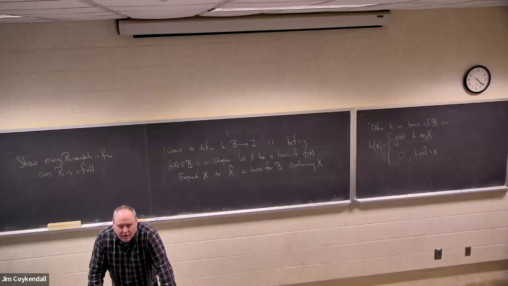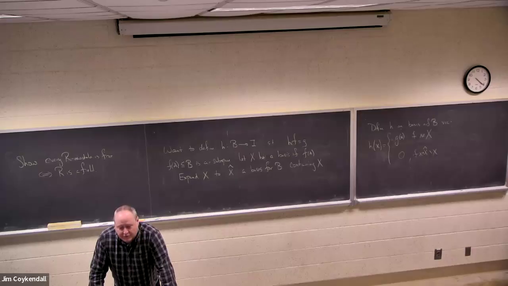Q is not free. Somebody give me another example. Q is a great example, but it's going to be hard to work with in this context. Oh, Z2. That's a great example, because any abelian group will work.